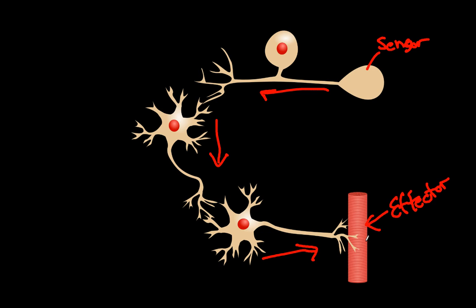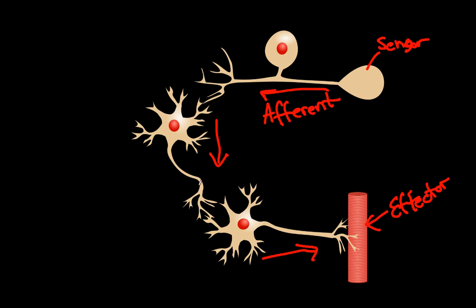So we have particular names for these kinds of neurons. The neuron that's pulling in information, passing it towards the bulk or the rest of the nervous system, is known as an afferent neuron. This is bringing information in towards the rest of the nervous system.